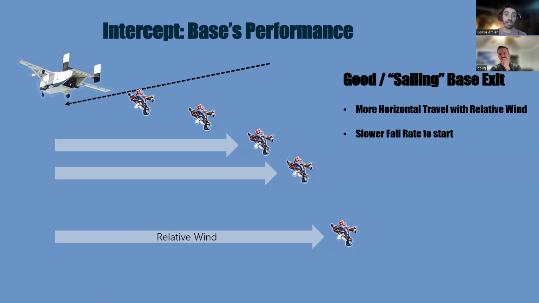And so in this case, we're going to have more horizontal travel from the base compared to the lead plane where they left from, and a slower fall rate to start. This is what we call the base will sail. And this is, for the record, the ideal, sought after behavior of the base.